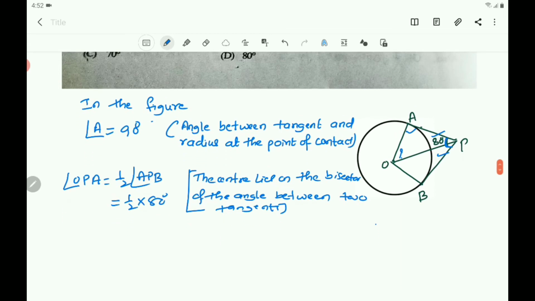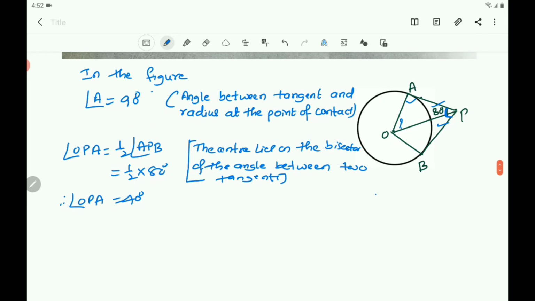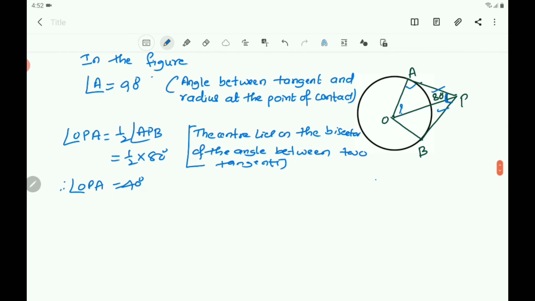So angle OPA equals how much? That is 40 degree. Now you take the triangle OAP. You got two angles, and to get the third angle, you subtract the sum of the known two angles from 180.